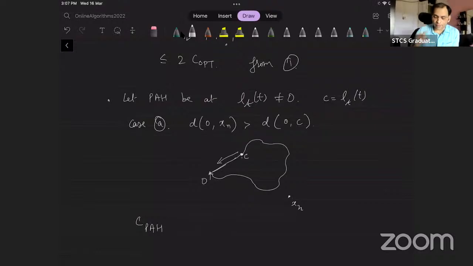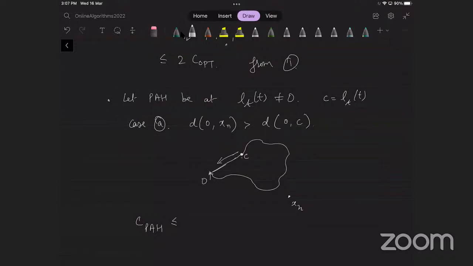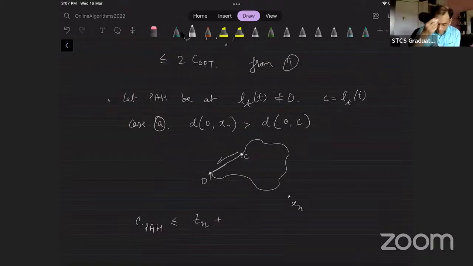See, XN is the last request, so no more requests are going to show up after this. Once I go and hit the origin, I'm going to embark on a final tour which will cover all the unfulfilled requests. So how much is this? Tn, the current time, plus D0C which I travel, plus the final path I'm going to travel, which I denote by Tn of PAH.